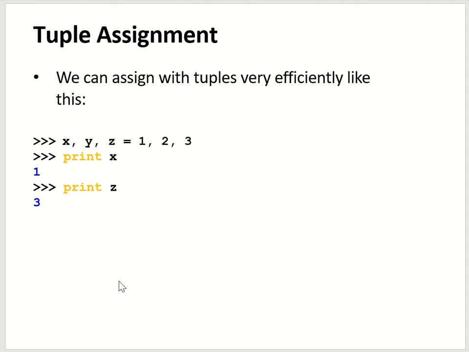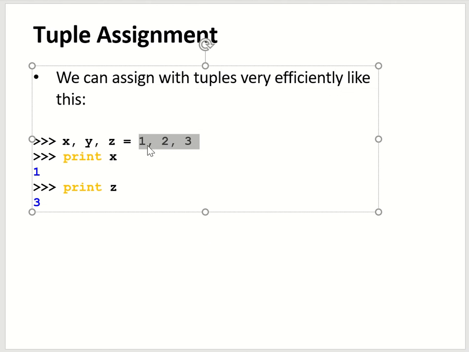If you want to assign multiple values to multiple variables, you can do that very efficiently on a single line with tuples. So here you have a tuple 1, 2, 3. You can assign those values to another tuple. Here the variable names x, y, z, separated by commas.